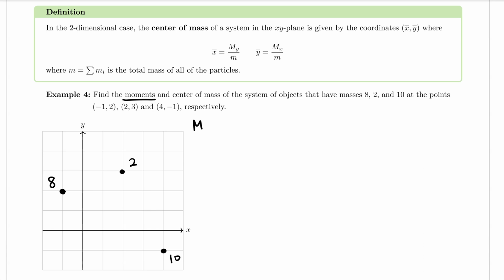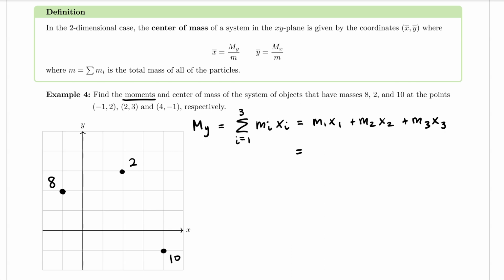So we have the moment of the system about the y-axis. And if we use the definition that we had in the purple box above, this is equal to the summation from i equals 1 to n. In this case, our n value is 3 because we have 3 objects or particles. And we are summing m sub i times x sub i. So this is going to equal m1 times x1 plus m2 times x2 plus m3 times x3.